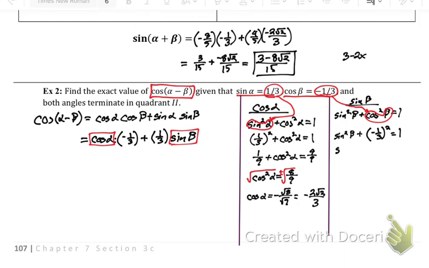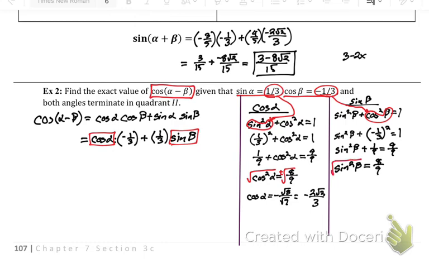Negative 1/3 times negative 1/3 equals a positive 1 over 9. Change that 1 to 9 over 9. Do our subtraction: sine squared beta equals 8 over 9.